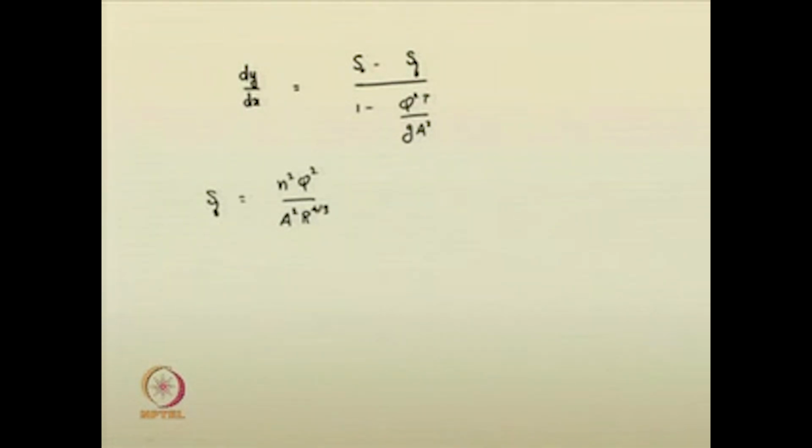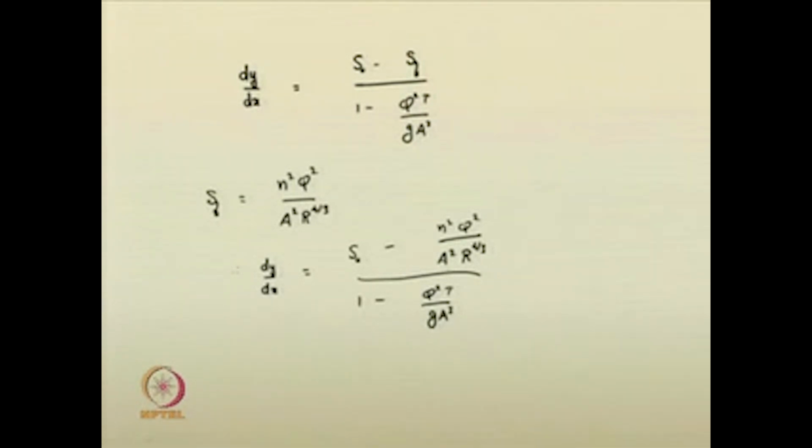So, therefore, your dy by dx is S0 minus n squared q squared by S squared r to the power of 4 by 3, divided by 1 minus q squared t by g a cubed.